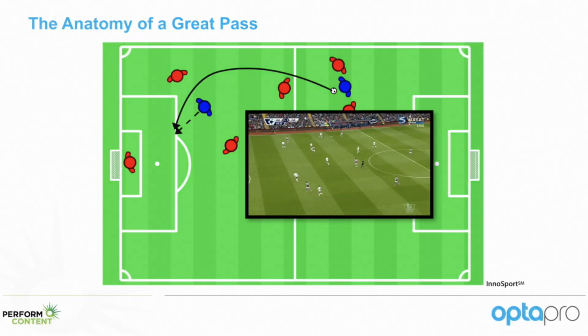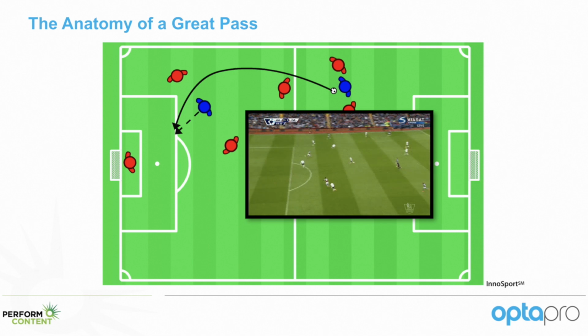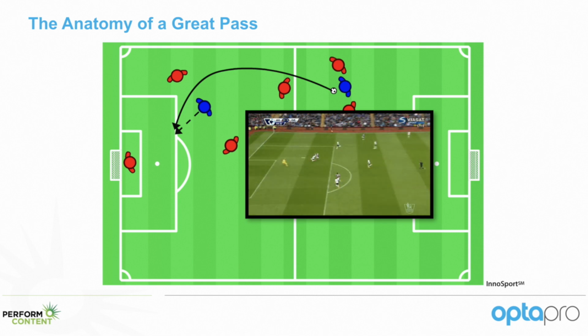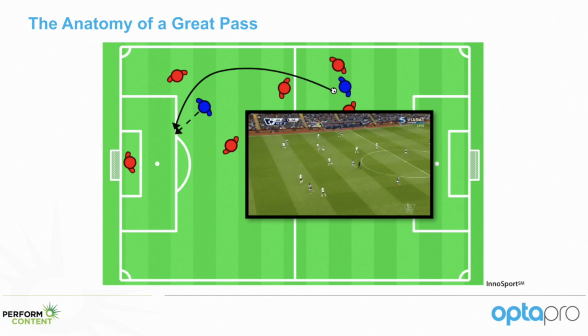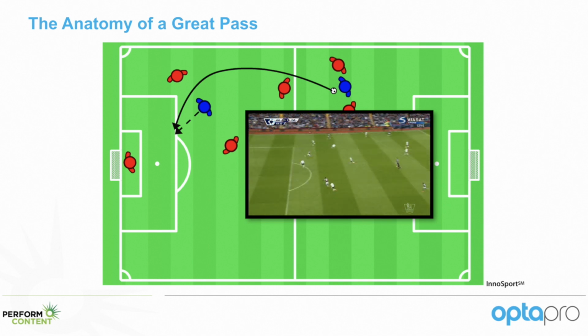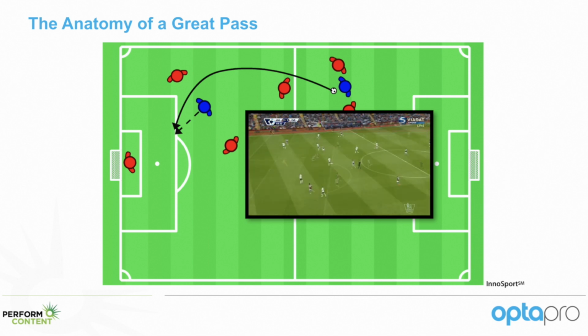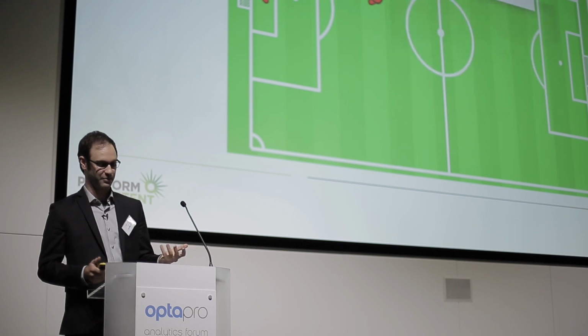I believe this is Bakuna passing to Tom Cleverley. I think the match is Aston Villa versus Everton, and then Cleverley sends it in for a beautiful goal. As you can see in this example, it's a very precise pass, it's very long, it's a hard to execute pass, and it's a very valuable pass. So that passing precision is definitely one of the key components of a great pass.